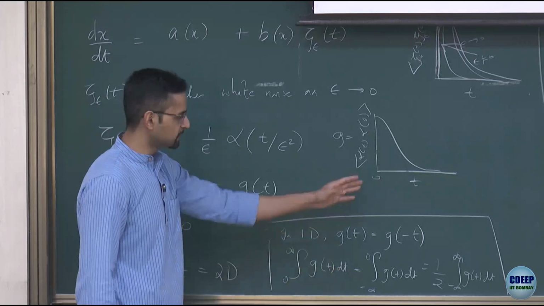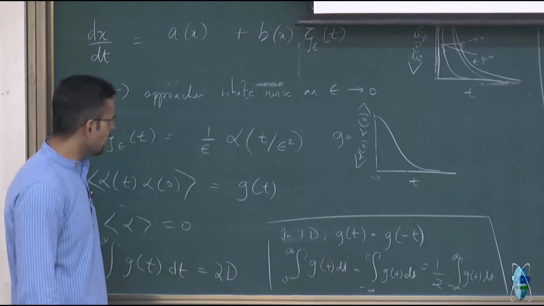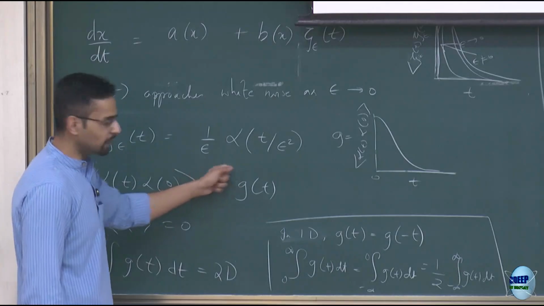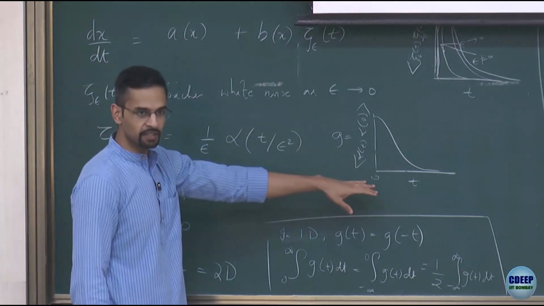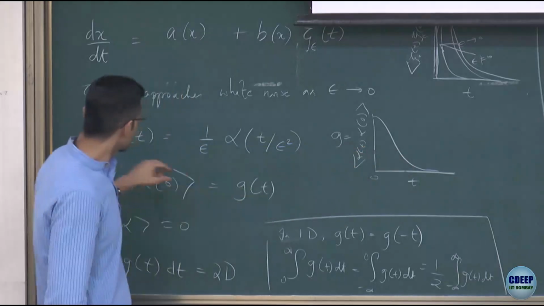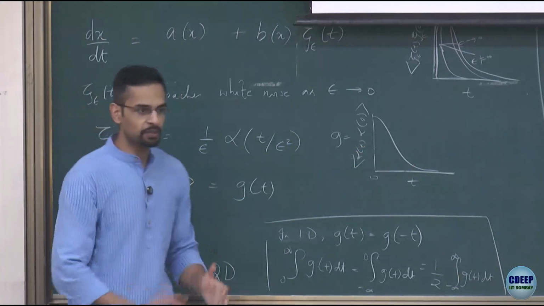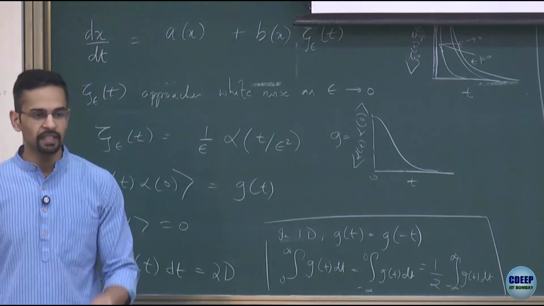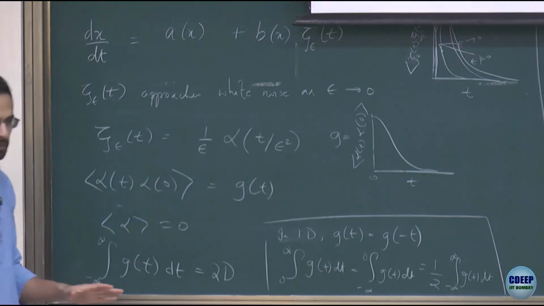And I'm going to call that d. And then as I take this limit, while keeping this integral fixed, this effective autocorrelation function of my zeta is going to collapse into a delta function, but such that its integral remains finite. That's why it has to become a delta function.